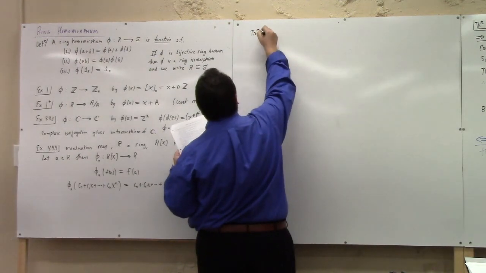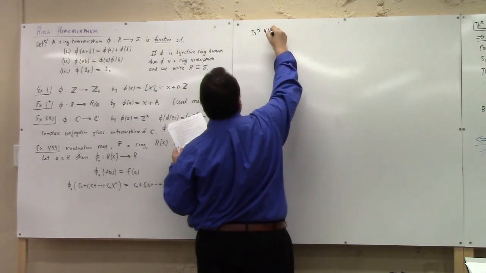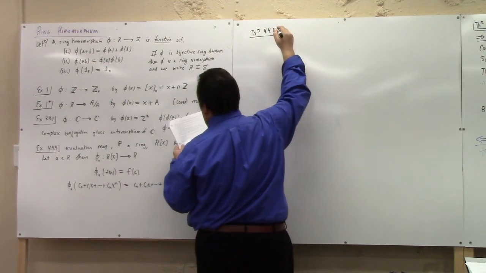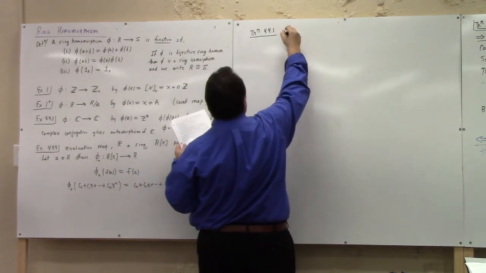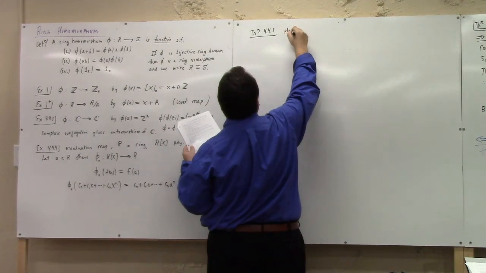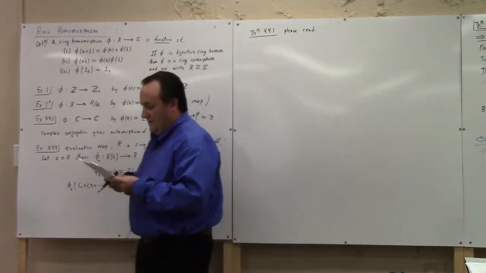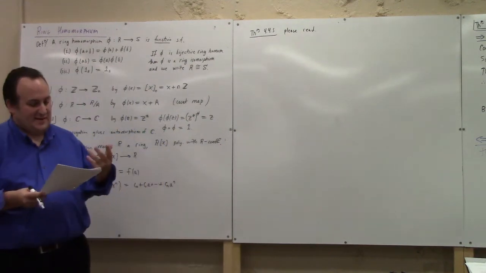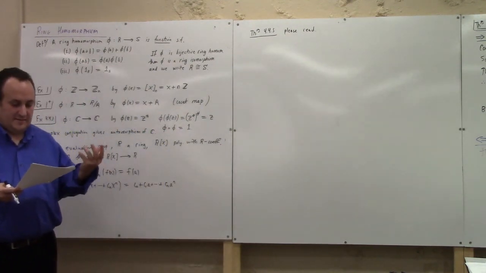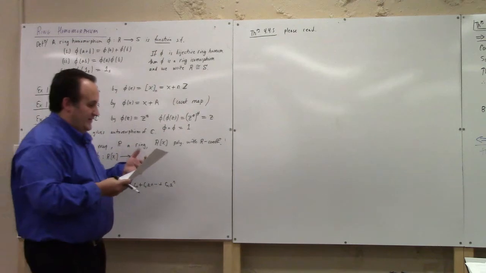Theorem 4.45. We have, I would just say, please read. I really don't want to write it out. I'll tell you what it says. Well, I'll hit some high points.